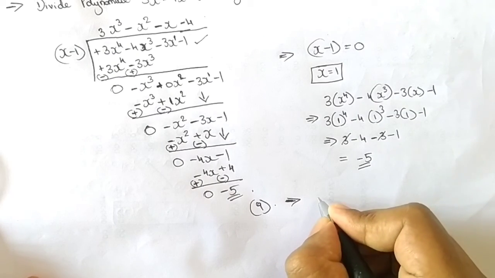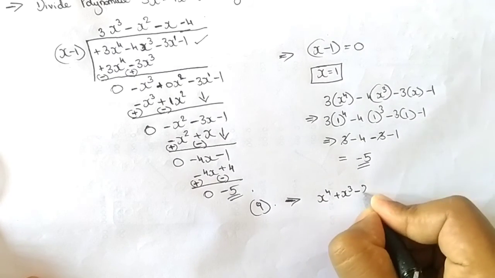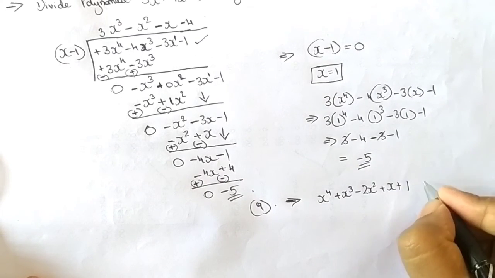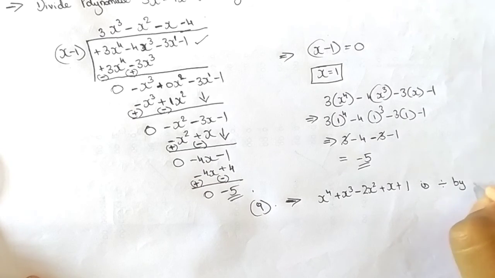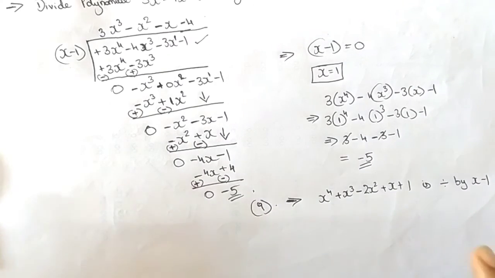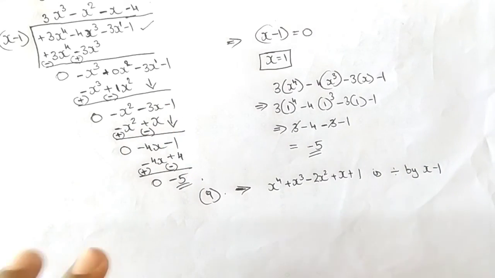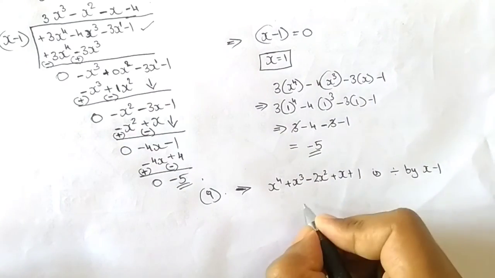Find the remainder when x power 4 plus x cube minus 2x square plus x plus 1 is divided by x minus 1. In this question we are not going with a long division process. We will directly jump into the remainder theorem.